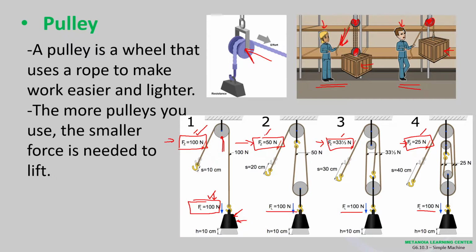And sa example number 2, lifting the same amount of load, nag-reduce to half. So, we are now using 3 pulleys here. 1, 2, 3. The amount of force needed to lift it up reduced by 66%. So, 33 and 1/3 newtons amount of force na lang kailangan mo to pull this load.